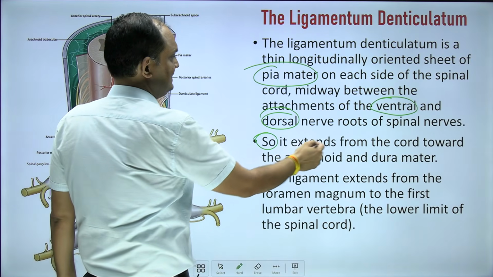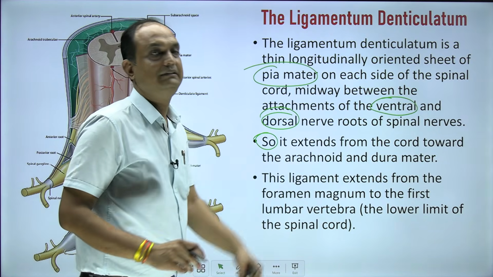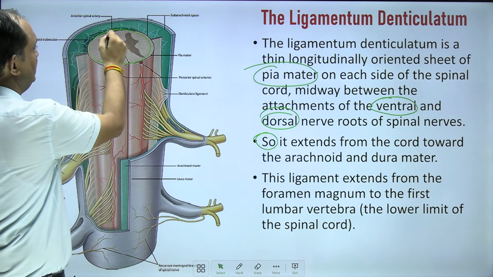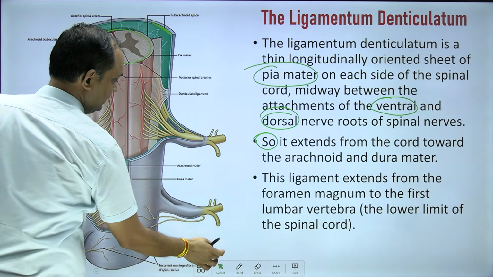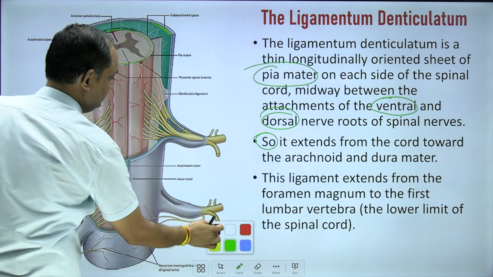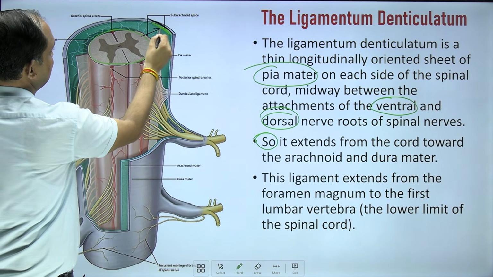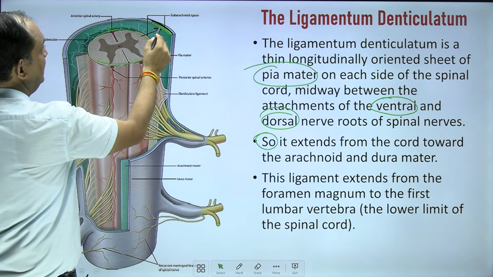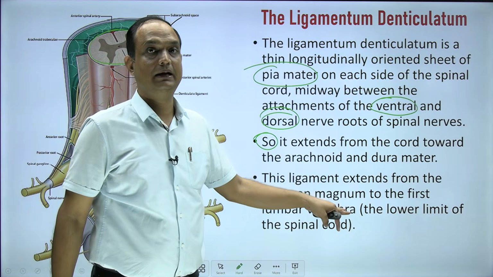So it extends from the cord towards the arachnoid and dura mater. When you see this image, you will find that this is your spinal cord. Here you have the arachnoid mater, and on the outer side of the arachnoid, this is your dura mater. So this is the extension from pia mater laterally towards the arachnoid and the dura mater. So the ligament extends from the foramen magnum.